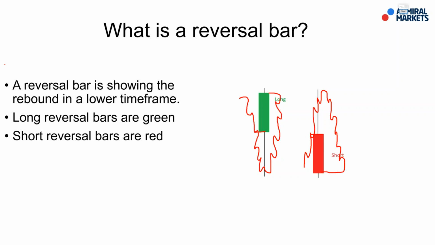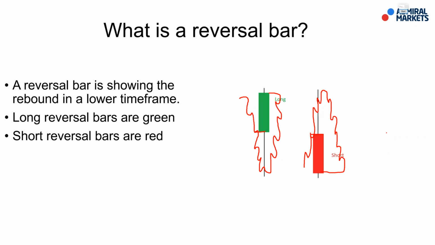This is the reversal bar. Basically, it's only a helpful thing to show you what has happened in the lower time frame. And the higher the time frame you use, the more useful the reversal bar is. So if you want to work with the reversal bar, it's a really easy thing, especially in the daily chart.